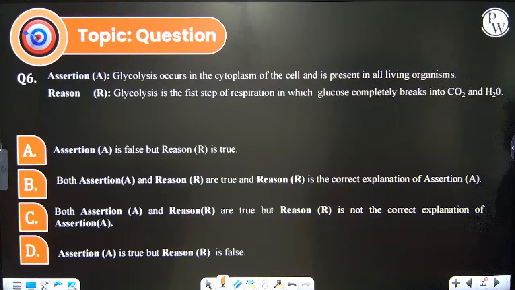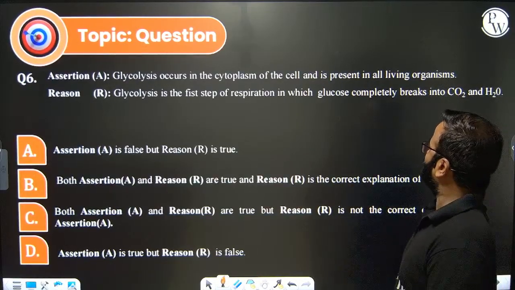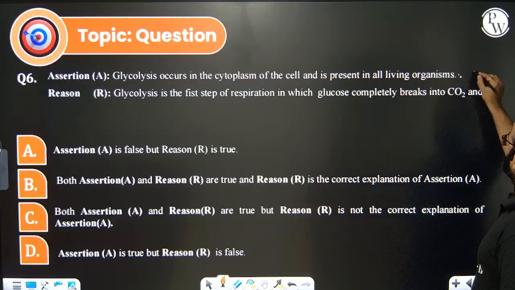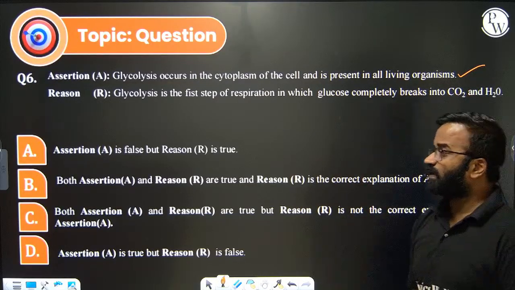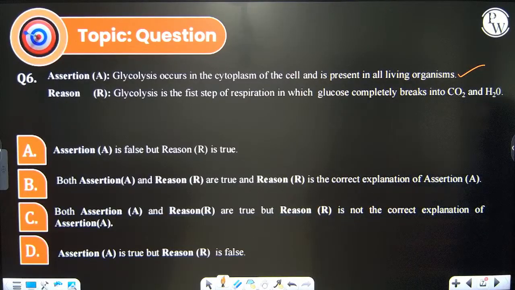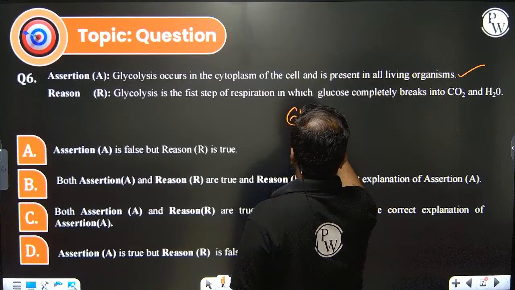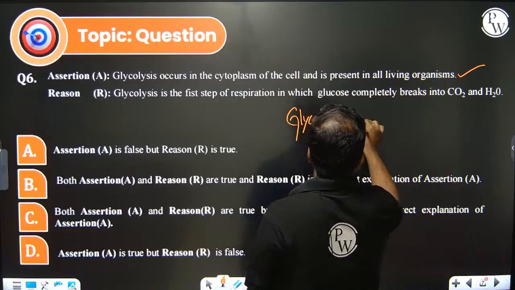Next question. Glycolysis occurs in the cytoplasm of the cell and is present in all living organisms, whether they are aerobic or anaerobic, whether they are prokaryotic or eukaryotic, you will see glycolysis occurring. Glycolysis is the first step of respiration in which glucose is completely broken into CO2 and H2O. Okay, in glycolysis, as you know, it is only partial oxidation.